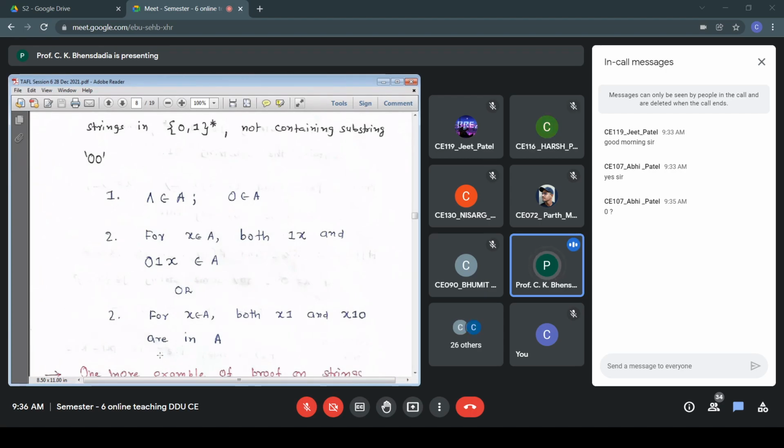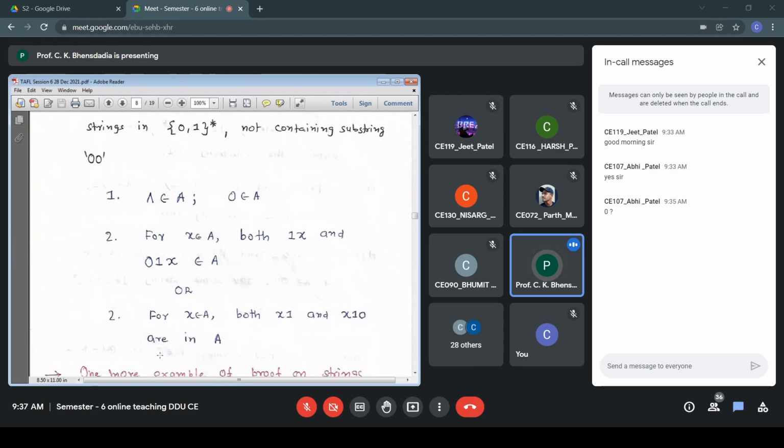So it's better to write either both 1x and 01x, or x1 and x10, just to ensure that by mistake we don't have illegal combinations included. Even if we club them, it is taken care that 00 won't come, but normally we'll avoid that.